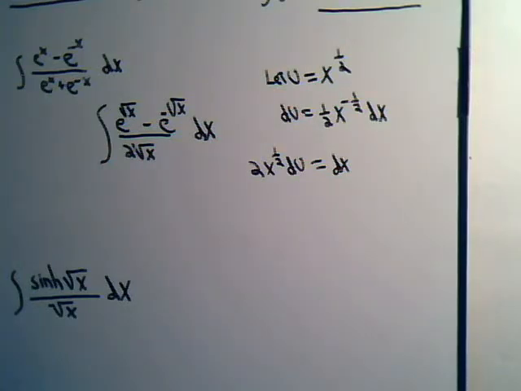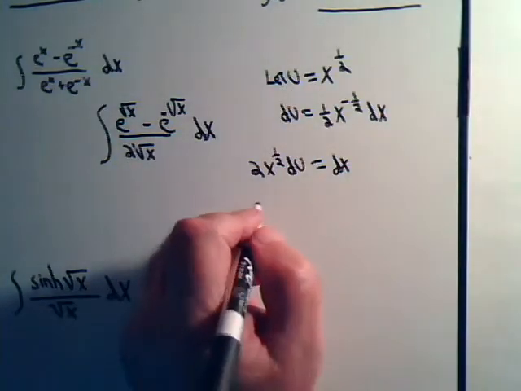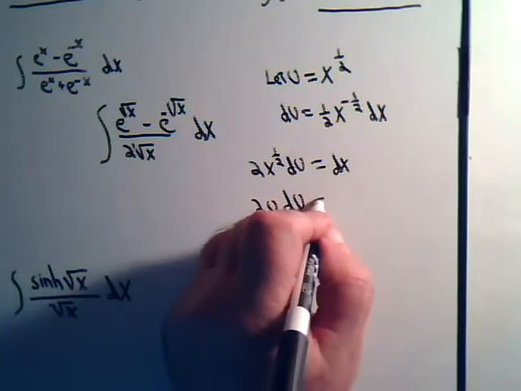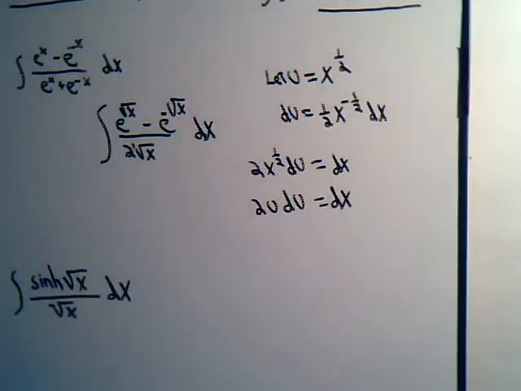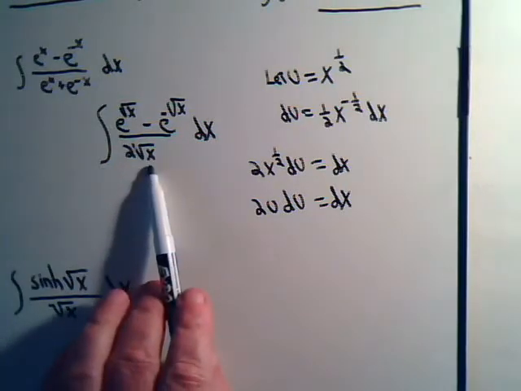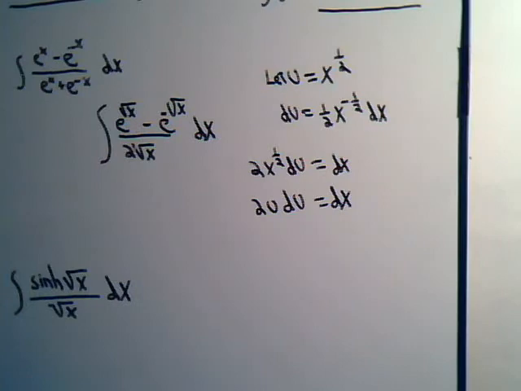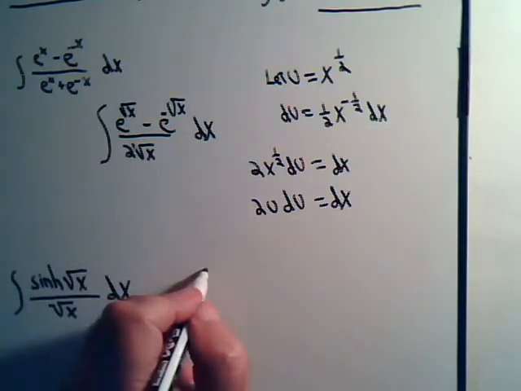Okay, so x to the 1/2, that's u, so we're saying 2 times u du equals dx. So now this is in terms of u, and so will this. So let's see how we can rewrite this integral.